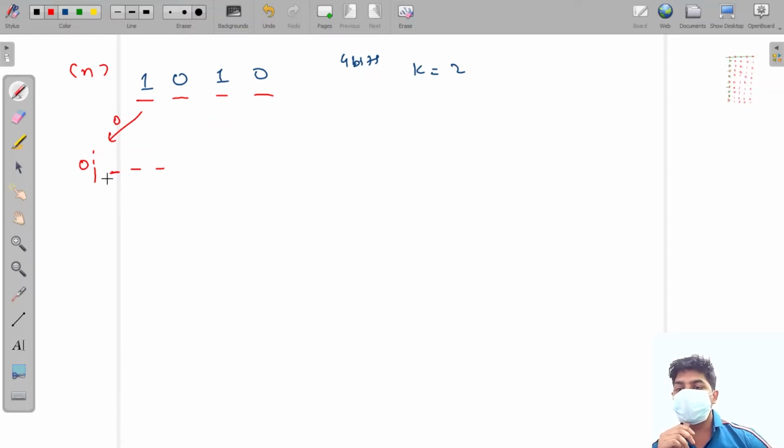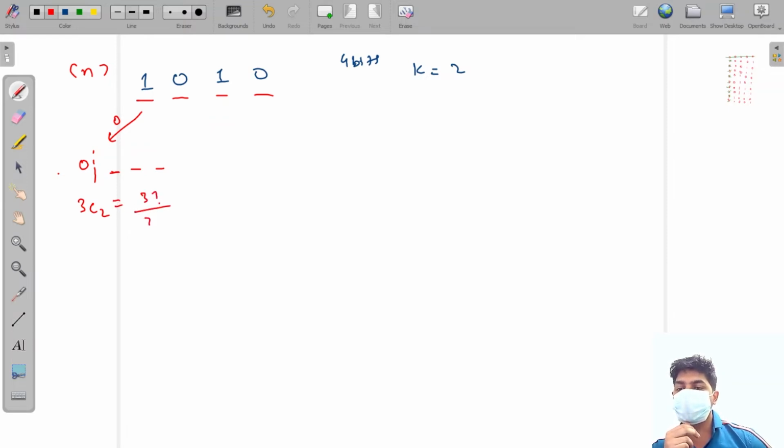Now in the remaining positions, if we place any bits it does not matter, since at the most significant bit n2 has 0 and n has 1, so n will always be greater than n2. So we can place any bits over here, but since we have to maintain the set bit count, we need to place 2 set bits over here. And in how many ways can I place 2 set bits? There are 3 positions, so in 3c2 ways I can place them. And what is 3c2?